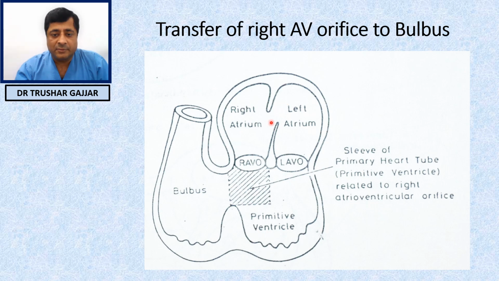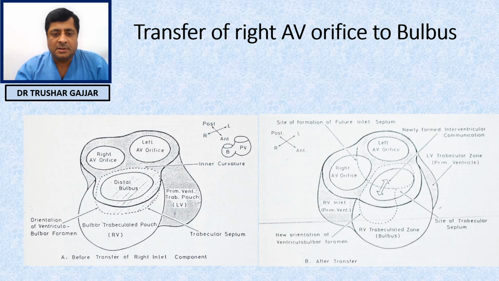So, blood is still flowing from this direction into the outflow, which means it's unidirectional. Now, when the bulbus is going to form the right ventricle, this portion of the primitive ventricle has to move towards the right side. This sleeve has to move towards the right side. The moment the sleeve moves towards the right side, the right AV canal will come in contact with the distal bulbus.